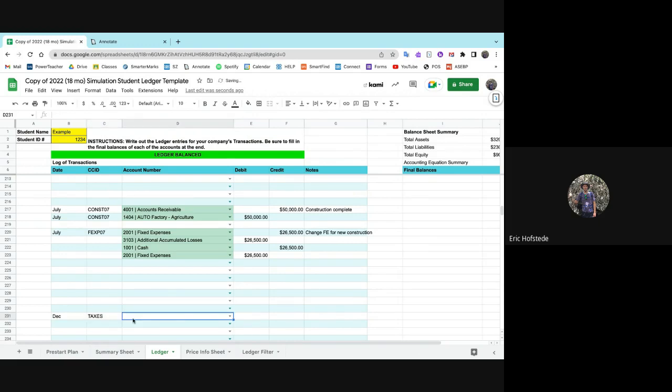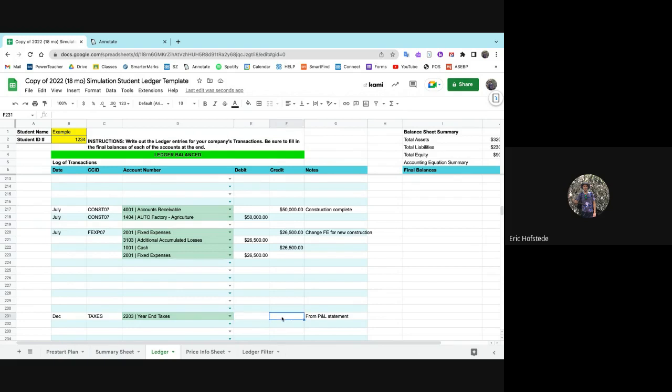There is a specific category for your year-end taxes. You'll have to do your whole profit and loss statement to figure out exactly how much you owe. And then you pay your taxes by getting the bill.